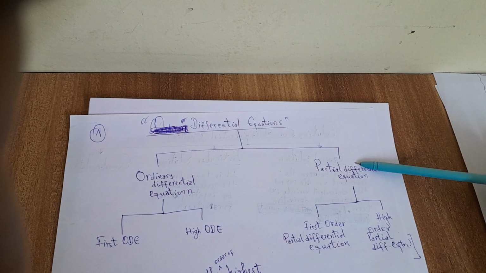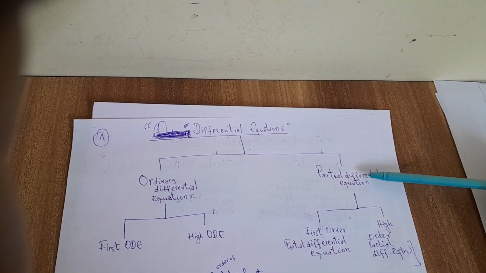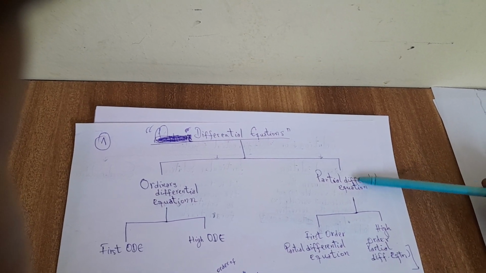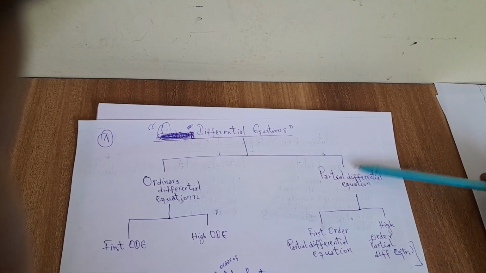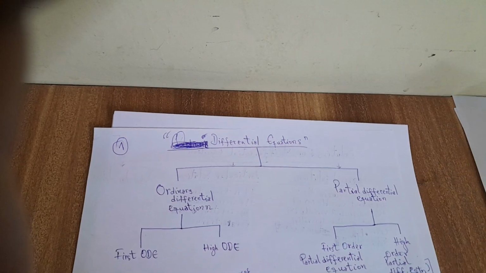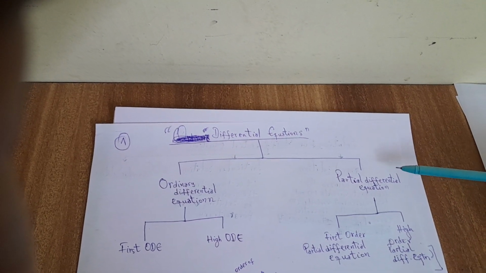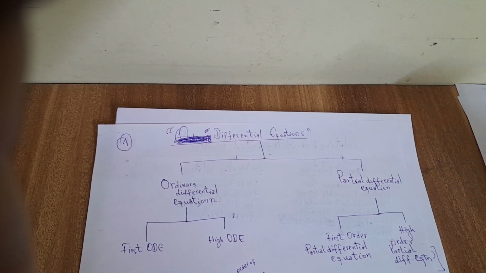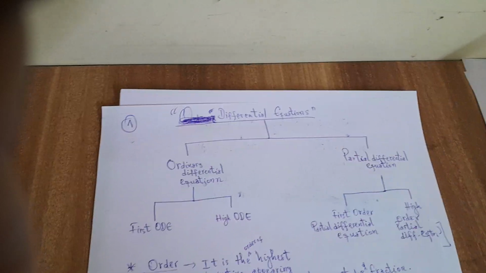Partial differentiation stands for when more than one variable is involved. Suppose we have f of x, y, z, f of x, y, and things like that.